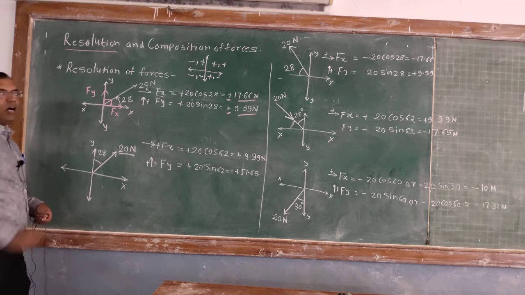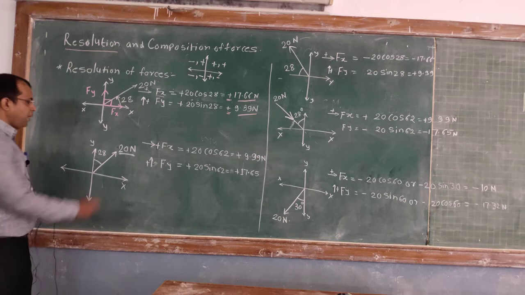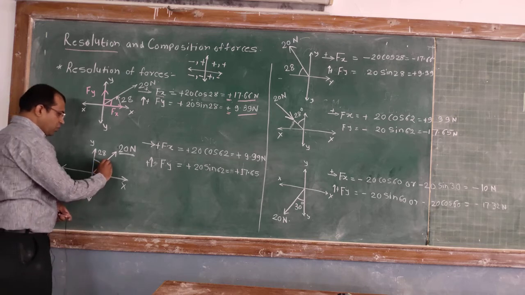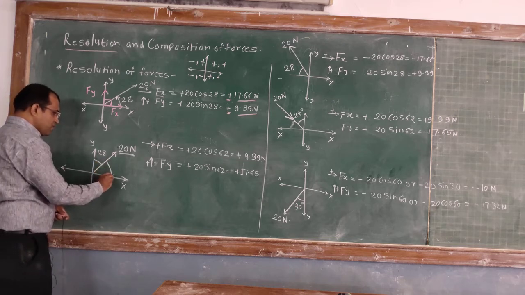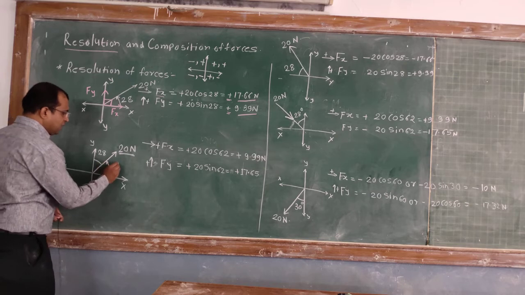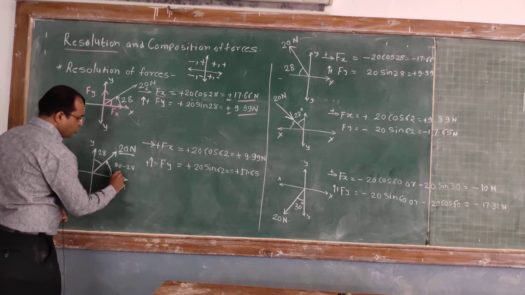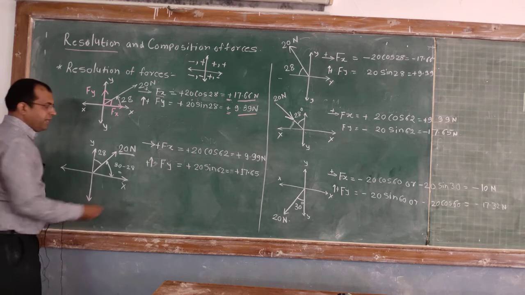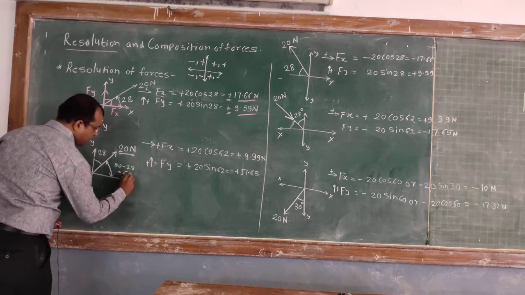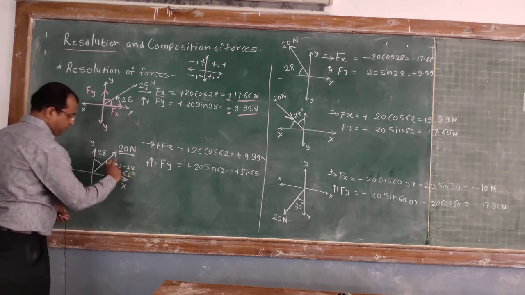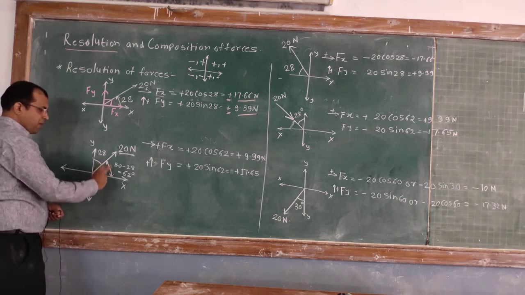In this case, you have to take care that we must first find the angle made by the force with respect to the x-axis. What is this angle? That is nothing but 90 minus 28, which is 62. Yes, correct. This value is 62.